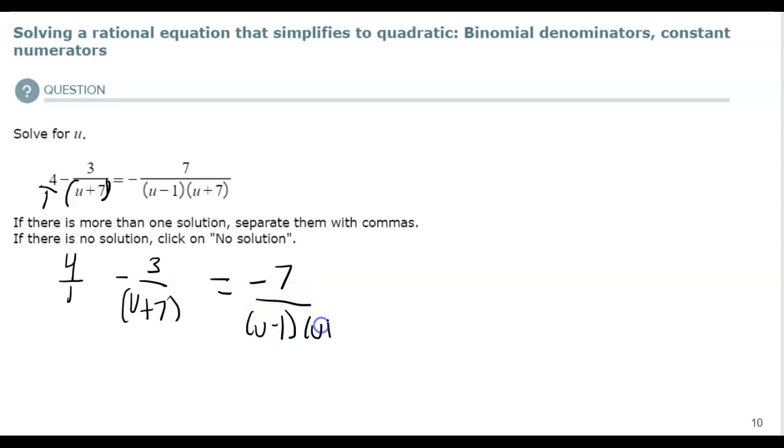So what we will see is that my least common denominator is a u minus 1 and a u plus 7. So this needs a u minus 1 over a u minus 1. This one needs both, a u minus 1 as well as a u plus 7.